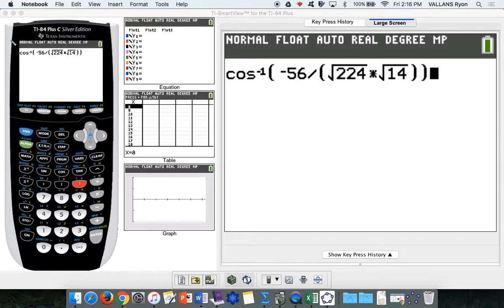I have the whole denominator in brackets. Get the answer to this, or it's going to spin and ruin this whole thing. So I'll just grab my calculator while it's freaking out. Inverse cosine -56 divided by square root of 224 times the square root of 14, 180 degrees.